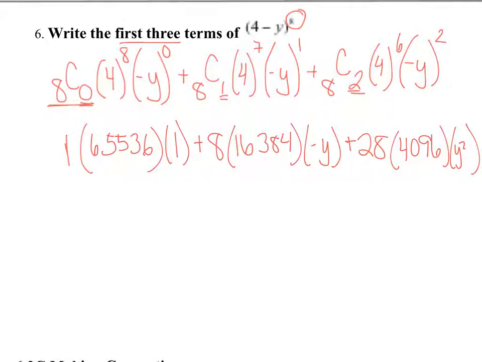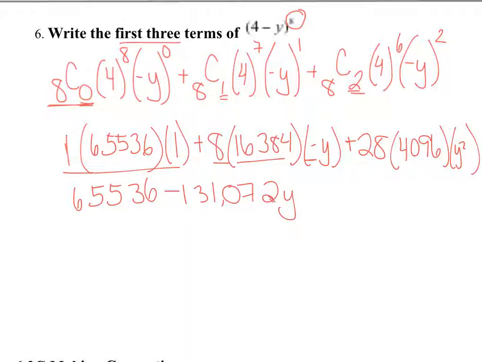Okay, next step would be just to multiply everything together. So this just stays 65,536. 8 times this times negative 1 becomes negative 131,072. And I still have a y there.